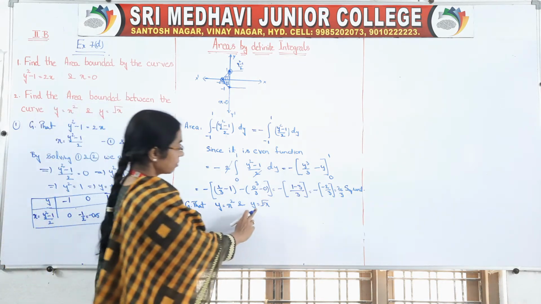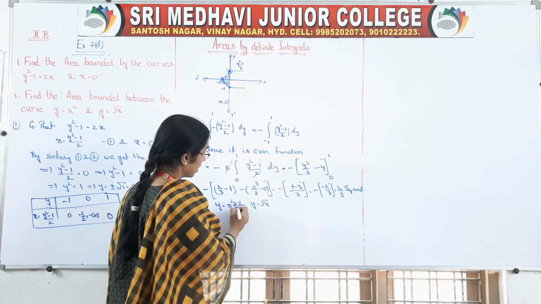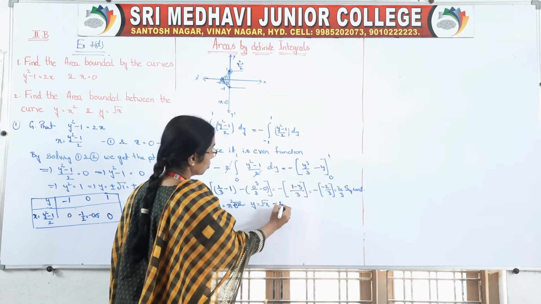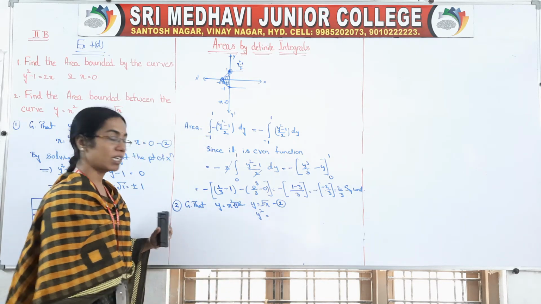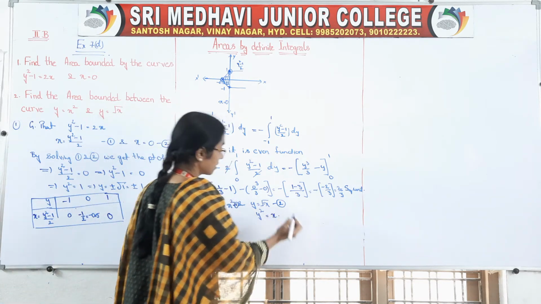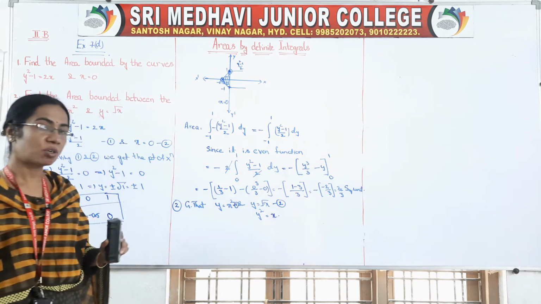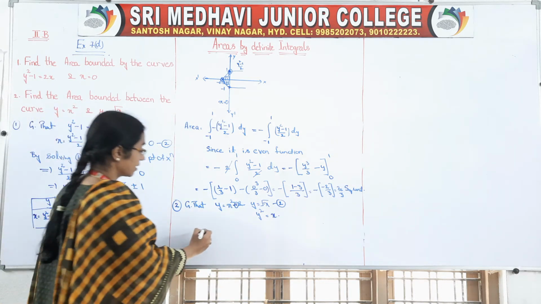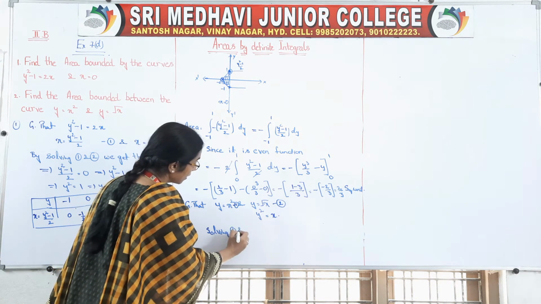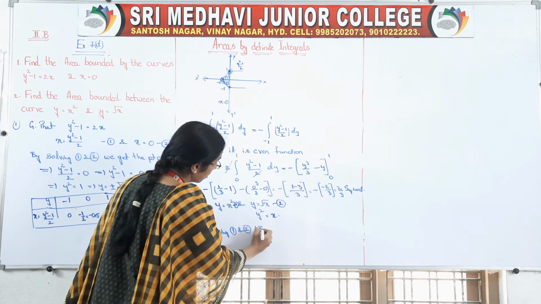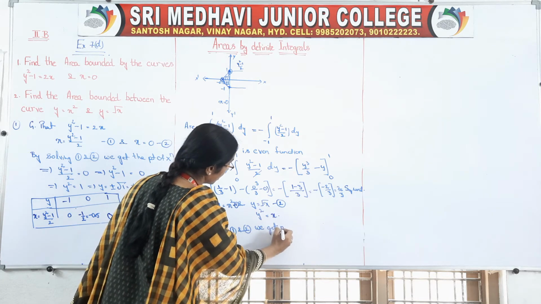This is your 1 and this is your 2. If we square, y square is equal to x. Solving 1 and 2, we get the point of intersection.